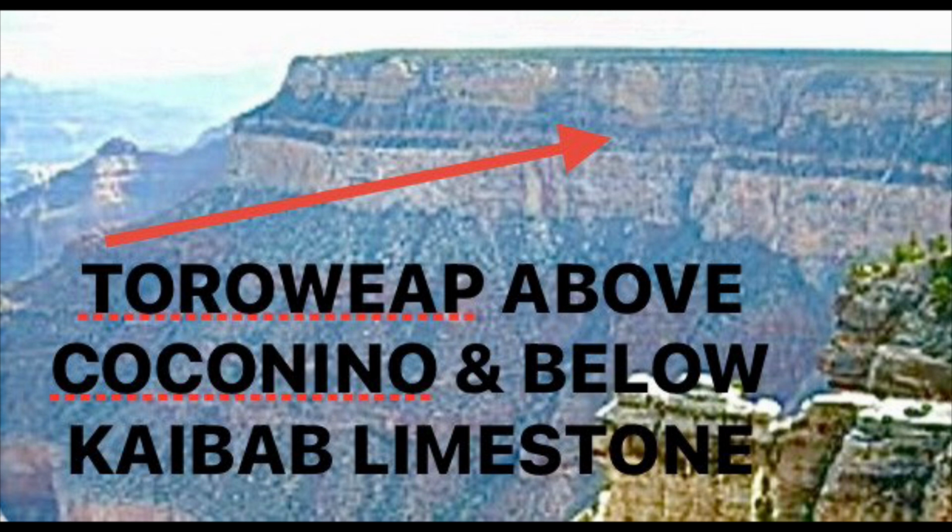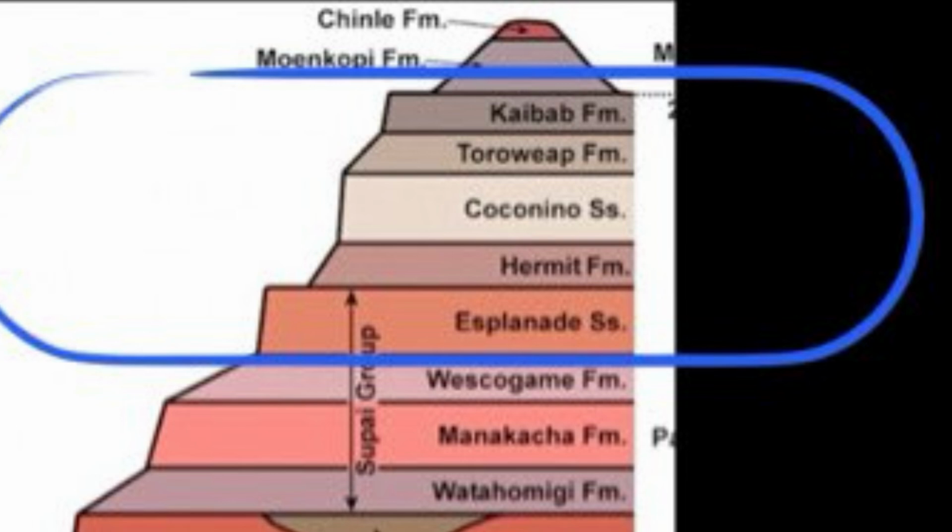The first transgressive pulse of the ocean created the Toroweap Formation, which created thin deposits of gypsum, mud, and sand at the edge of the sea. And then came a major sea transgression that covered most of the Colorado Plateau, which consists of the states of Utah, Colorado, Arizona, and New Mexico.